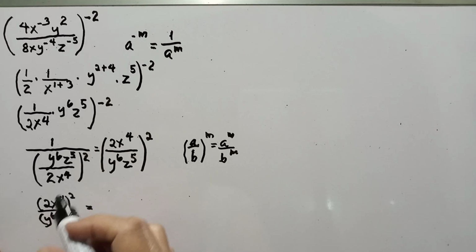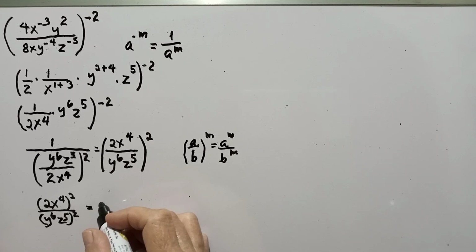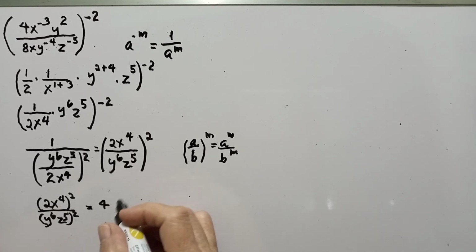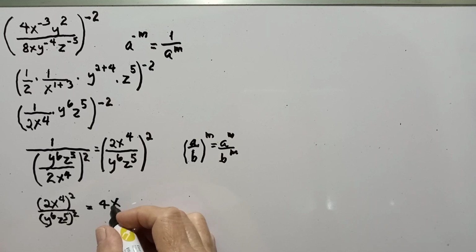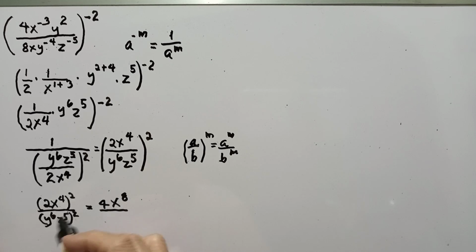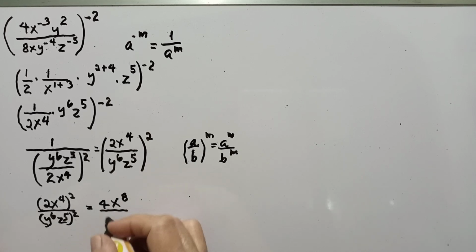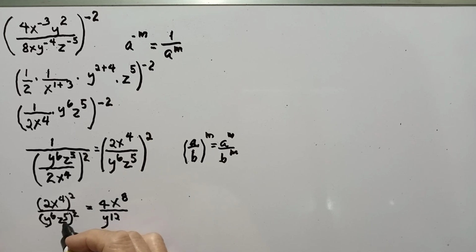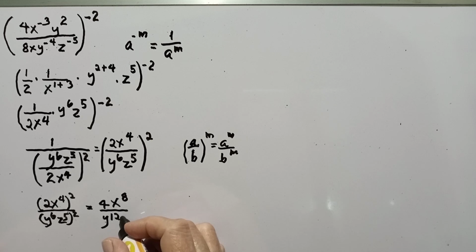Now this is equal to, we will square this one. 2 times 2 is 4. And then x to the 4 times 2 is x to the 8, over y to the 6 times 2 is y to the 12, and z to the 5 times 2 is z to the 10.